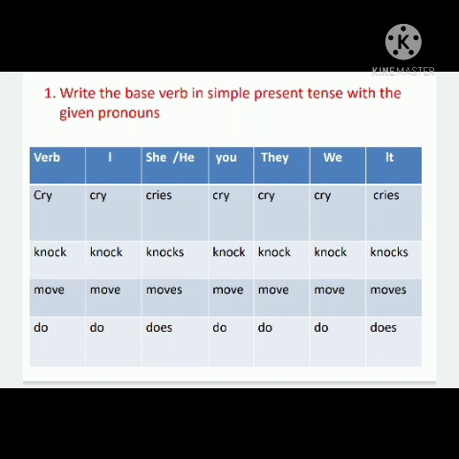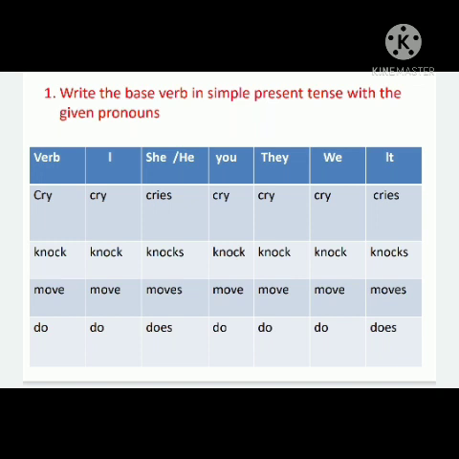In the first row, the first thing is verb, and the remaining are pronouns. So we have to write the verb form which changes. In simple present tense, the verb form changes when it is singular: he, she, it.